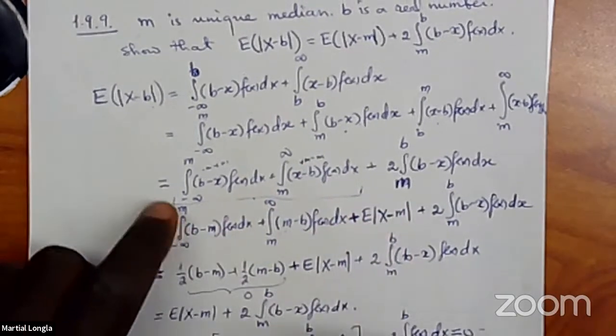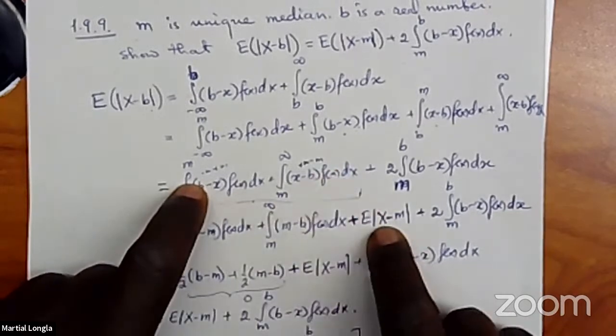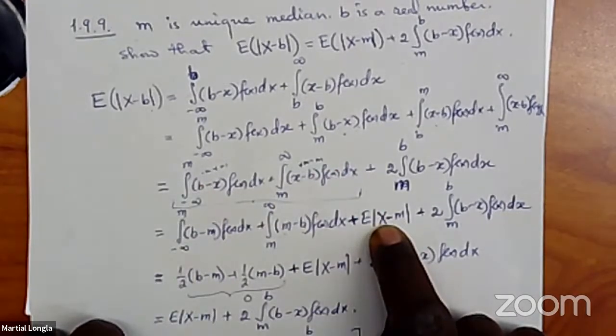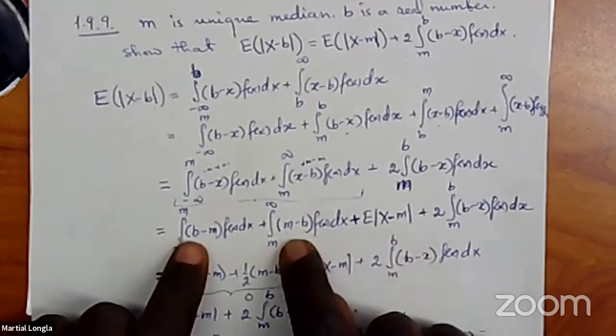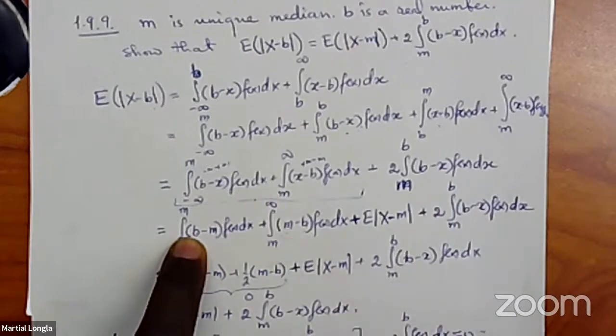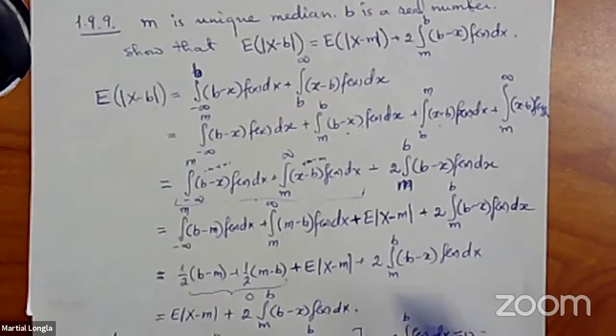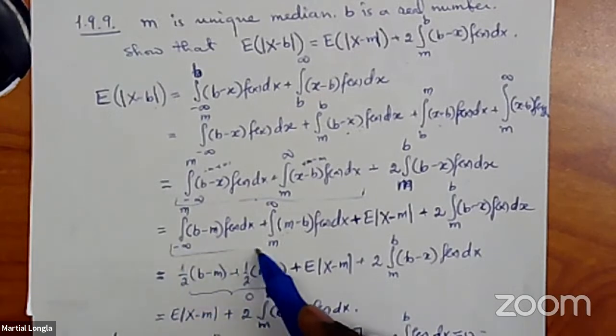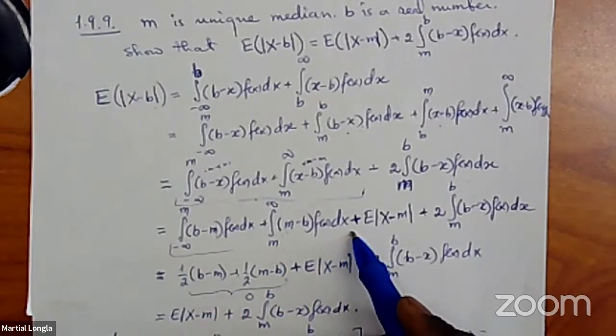The two x minus m terms, one from here and the other from here, go into this. And the remainder is this. Are we clear? Now the whole issue is about showing that this other piece is actually 0.